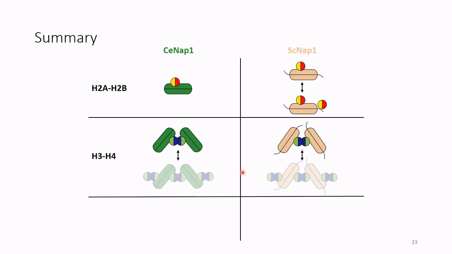When we mutate them to form exclusively dimeric H3H4, we observe that we lose the oligomerization of Nap-histone complexes and reveal an absolute stoichiometry of Nap-H3H4 2-to-2 complex, both in worm Nap1 as well as in yeast Nap1.